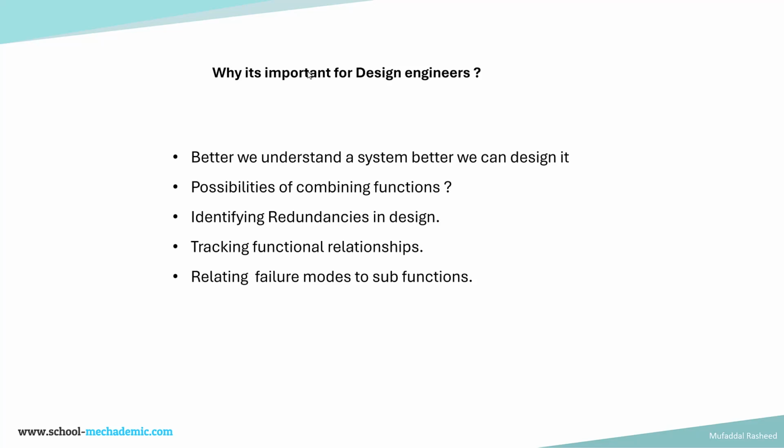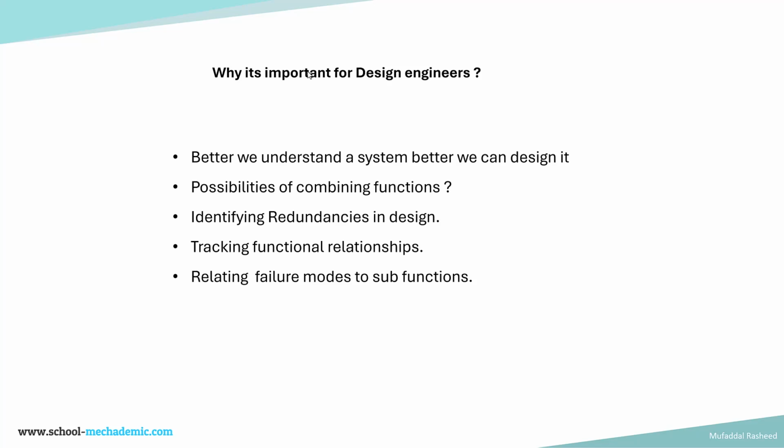First, if we are doing functional decomposition of a system, we are understanding the system better. We are understanding what energy comes into the system, what energy is going out of the system, what kind of signals or information is required to run the system, and what are the interrelationships between various sub-functions. When we understand the system better, we can design it better.